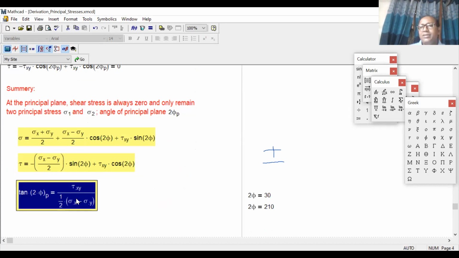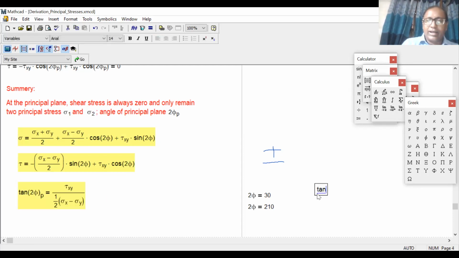When you solve it, say you got tan 2 phi p equal to 1. So what is the value you will get? What will be the value of 2 phi then? You can say 2 phi equal to 45 degree, right?